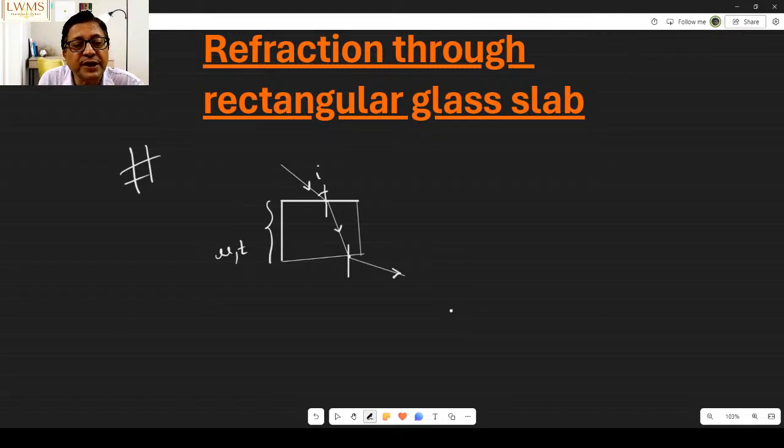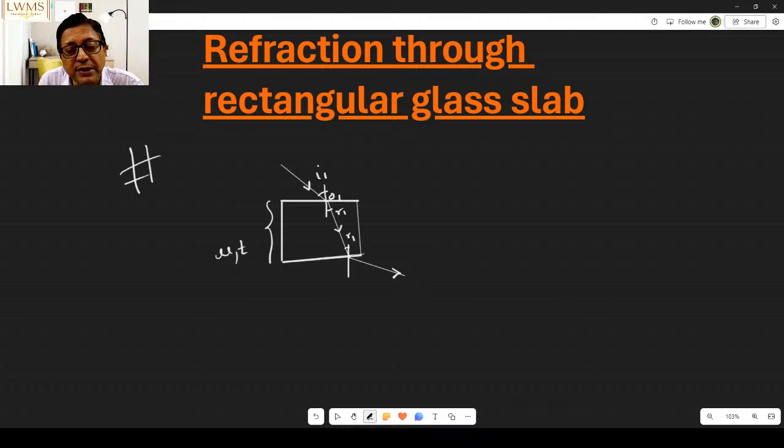Angle of incidence be I1. Here when incident at O1, at the point O1, the angle of refraction be R1. So this has to be R1 because both are normal and these two sides are parallel.